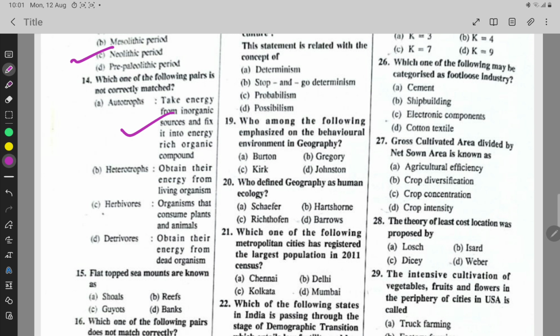Heterotrophs obtain their energy from living organisms. Correct. Herbivores, organisms that consume plants and animals. They consume plants only, not animals. So this is not correct. Detritivores obtain their energy from dead organisms. This statement is also correct. So not correctly matched, answer becomes C.